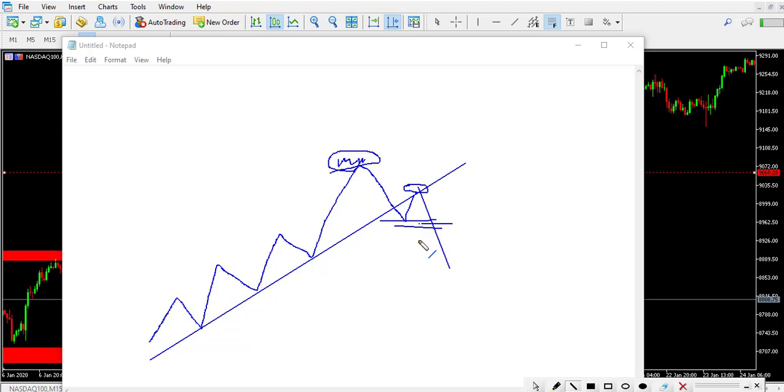Most of the time this here will be a retest to the trend line, or what I call dynamic support and resistance.